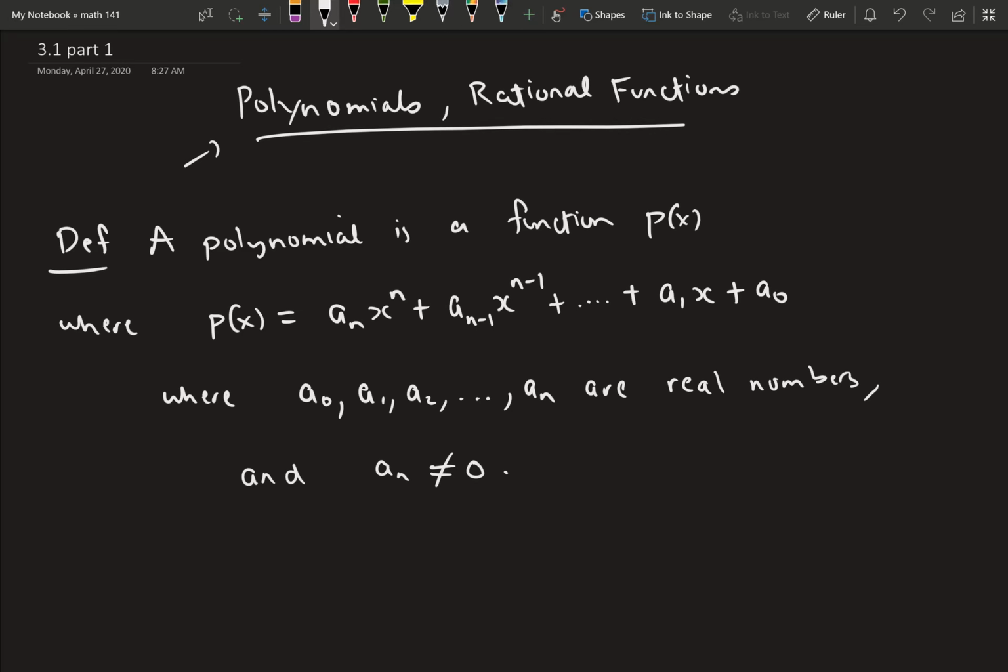So these little subscripts, these guys right here, those are called indices. So we'll say the index of a sub n is n, and here n is a non-negative integer. Okay, this is a symbolic notation.